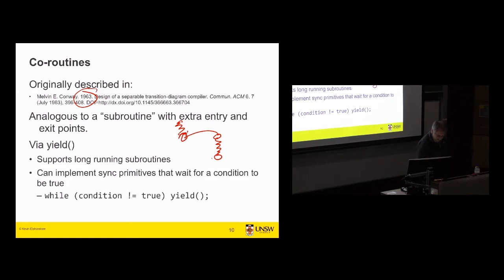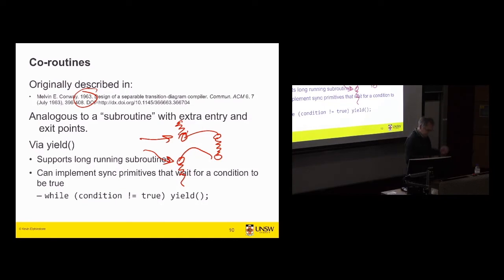And the OS may choose to schedule back in this direction, and then we continue down the slide. So the extra exit and entry point are effectively these two points here and here. We're executing along, and we've got an extra exit point because we call yield, and we've got an extra entry point because it returned from yield.